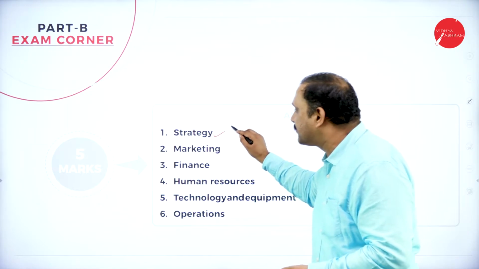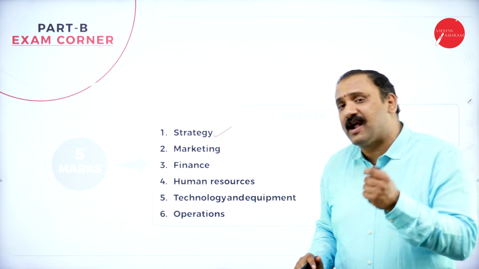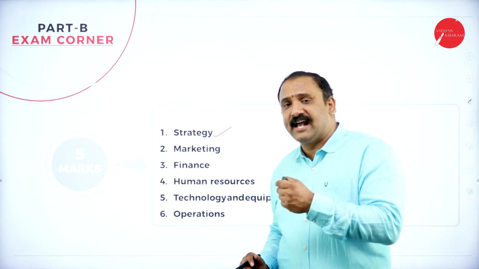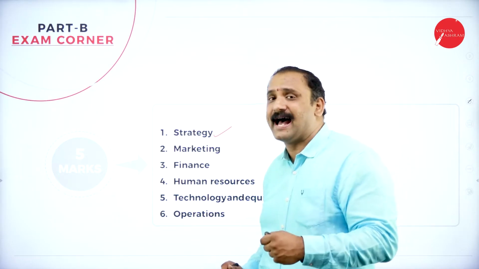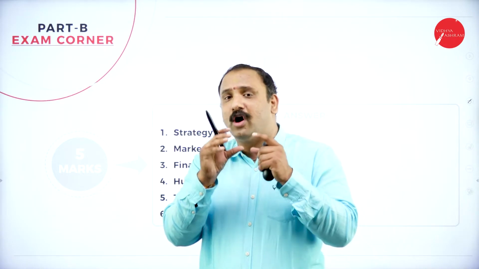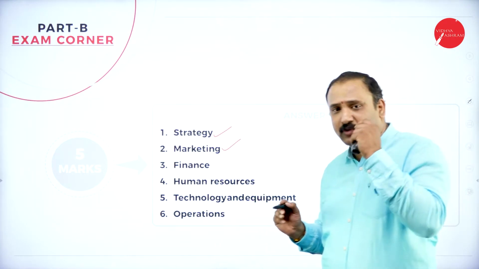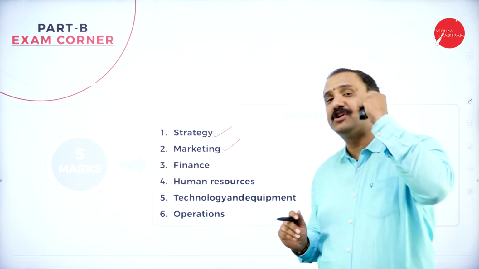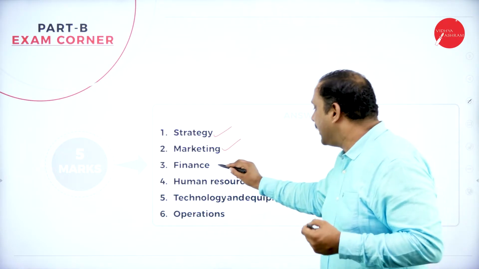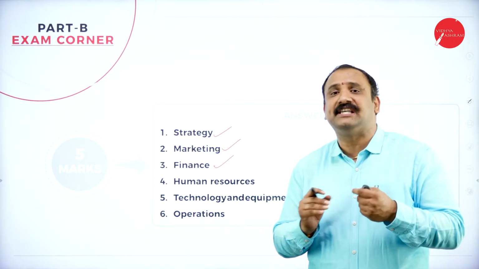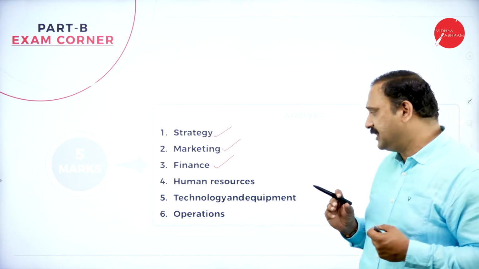So what does the strategy team do? The strategy is the part of the organization involved in planning, and in putting all the objectives and policies together. Marketing is a team that will work for the organization to promote the products. Finance is a team which will manage the monetary affairs of the company.